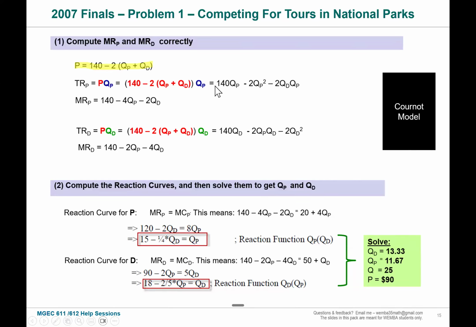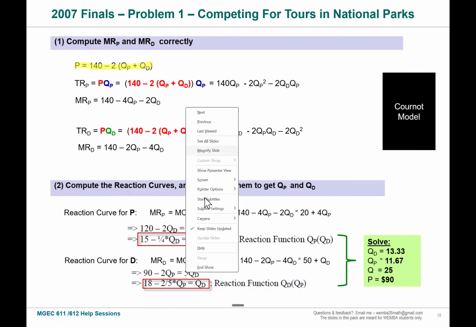When you are calculating the marginal revenue in Cournot, treat the other quantity as constant. In this case, I'm going to calculate the marginal revenue for firm P. That means I'm going to differentiate TRP with respect to QP.